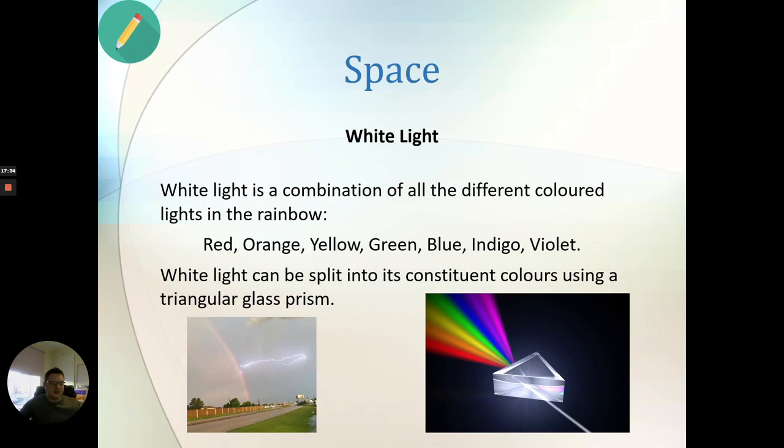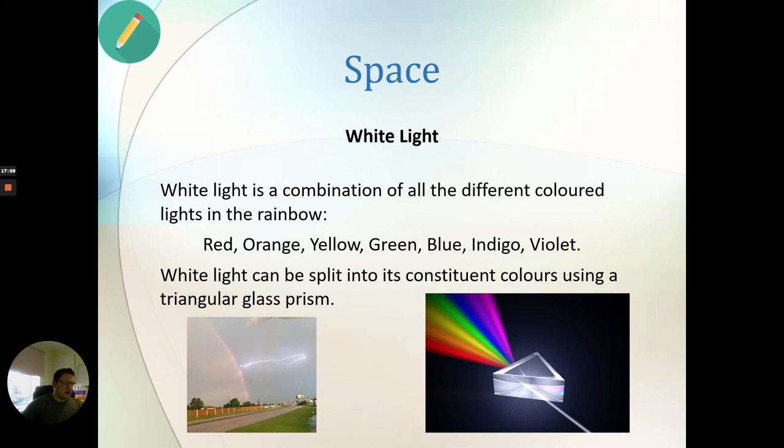By using some physics that you might be even more familiar with than that because you've dealt with it for a long time. And that's by using the fact that we know that white light gets split into all the different colours when it goes through a prism. Light spectra. And that image in the bottom left I just included because it was cool. It's nothing to do with lightning suddenly hitting a shield of rainbow. That's not how it works.